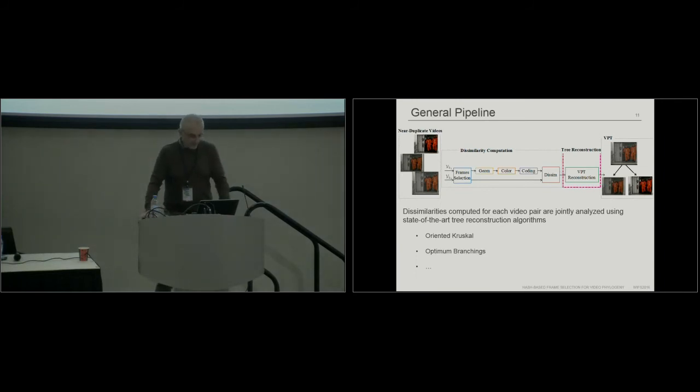And just after the evaluation of all the possible dissimilarities, calculated in both directions, therefore from video K1 toward video K2 and vice versa, considering the entire pool of possible dissimilarities, using standard algorithms like the oriented Kruskal algorithm or the optimal branching algorithm, it is possible to create the phylogeny tree.